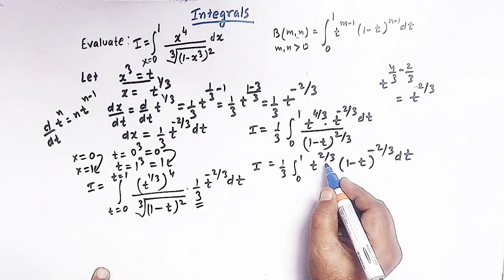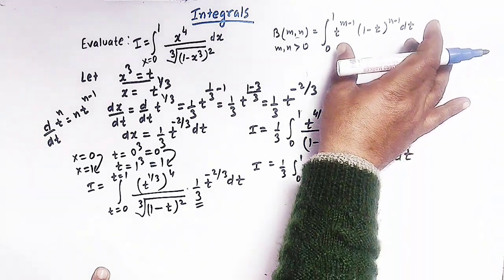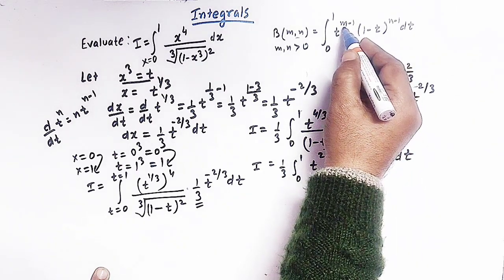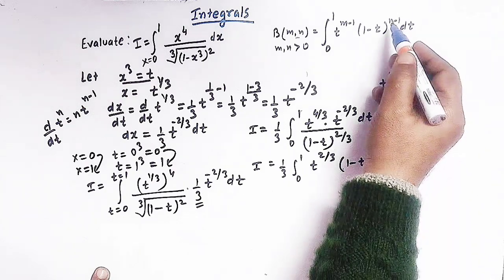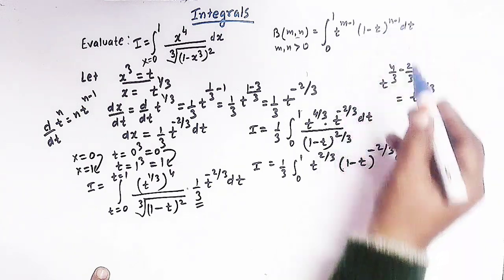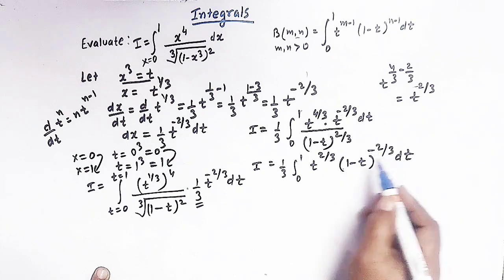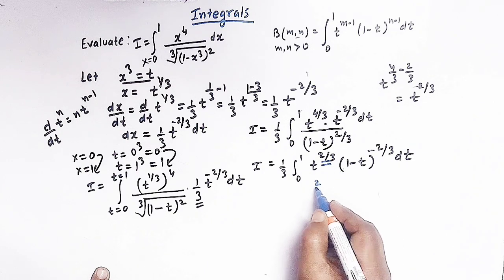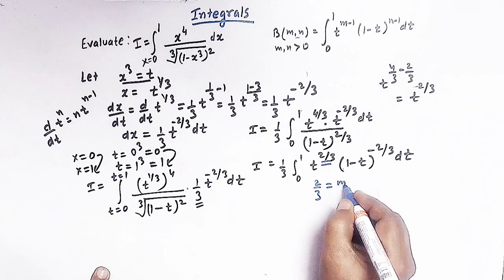So now what we have to do, if we see this integral and this integral, then we can easily conclude that here we have m minus 1, and here we have 2 over 3, and here we have 1 minus t raised to n minus 1, and here we have 1 minus t raised to minus 2 over 3. So let us write this exponent, that is 2 over 3 is equal to m minus 1, right?